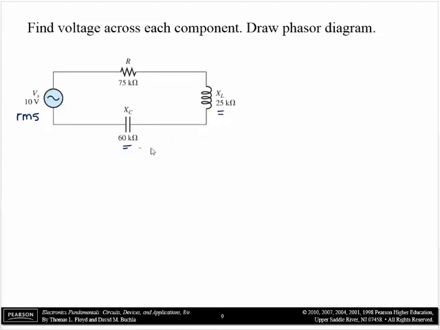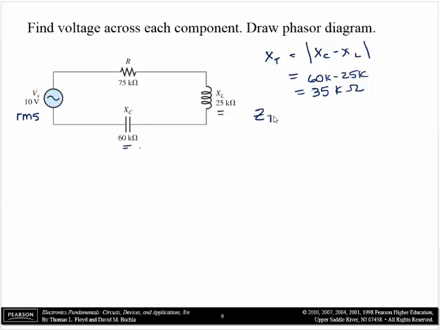It's more capacitive because XC is a bigger value. So I can find X total. It's the absolute value of XC minus XL, or vice versa, either way. So it's 60k ohms minus 25k ohms, and that equals 35k ohms.